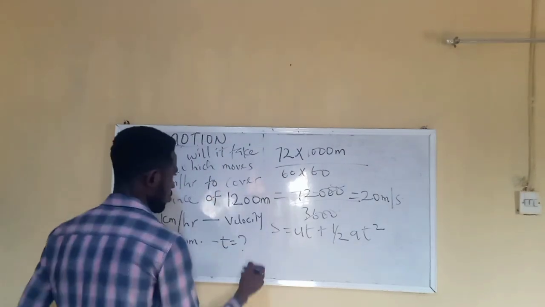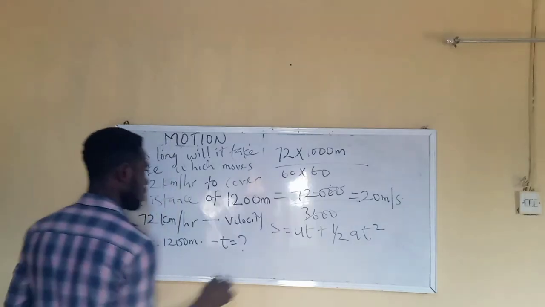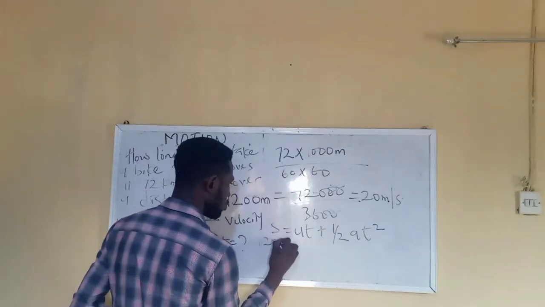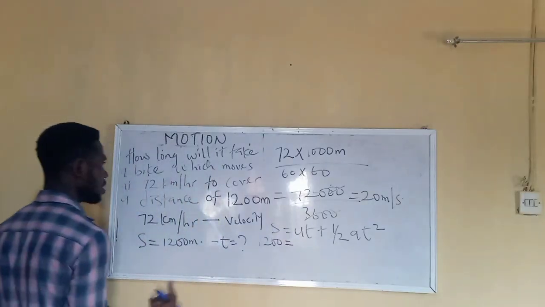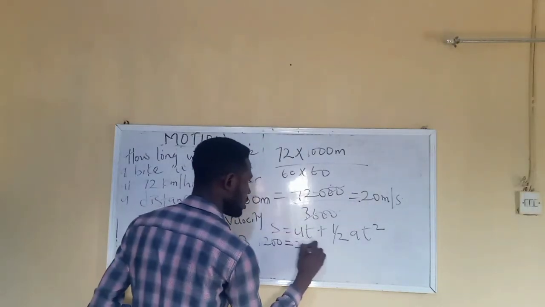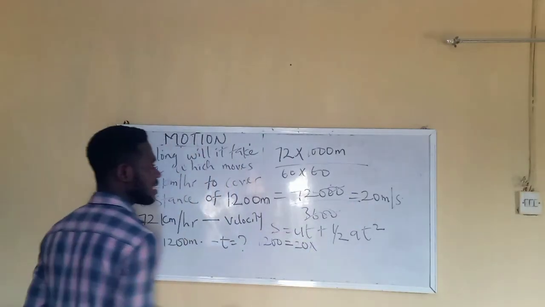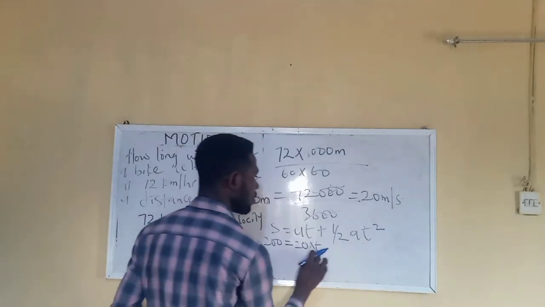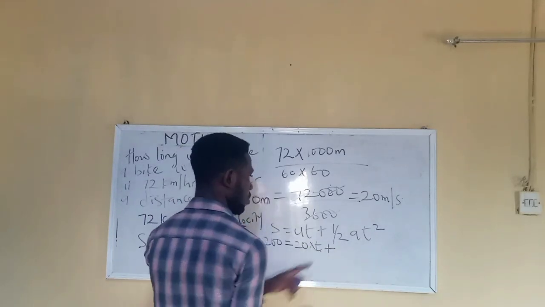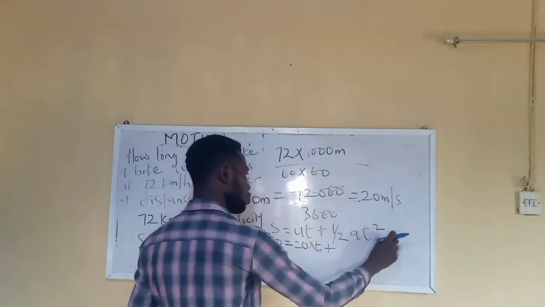So in this case, we would have 1,200 equal to our u, which in this case has been gotten to be 20, times t, and our t is unknown because that's what we are looking for. Then you have plus half at squared.